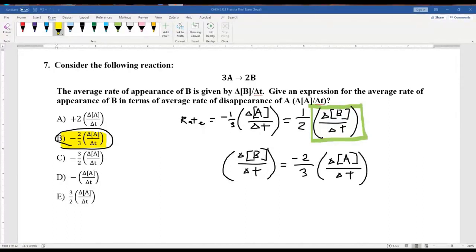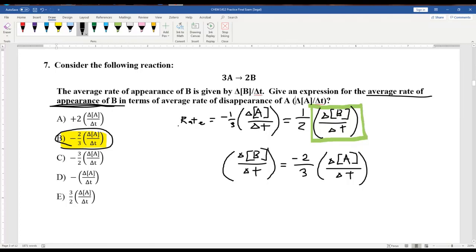No, because see, here's the thing. You're actually trying to solve for the delta B over delta T. Notice what it's looking for.